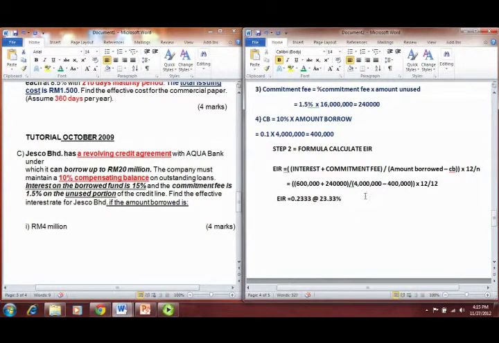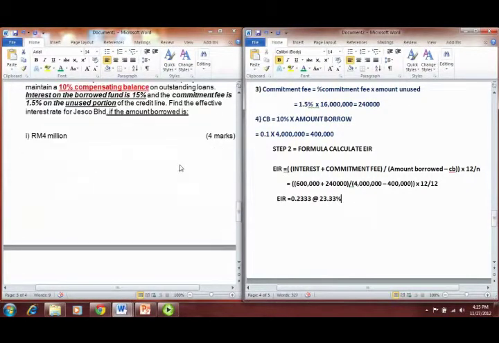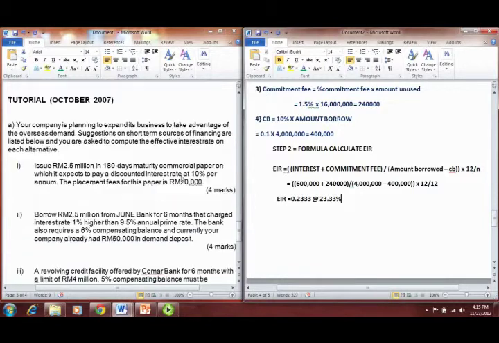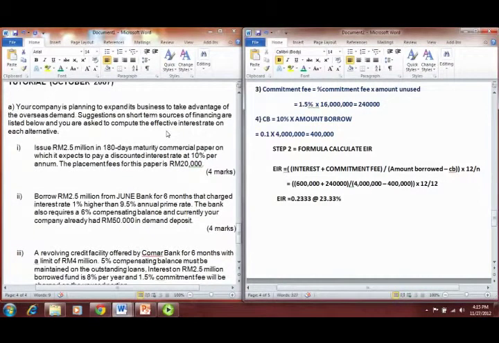So class, the important thing here is you need to know the formula. From there you can know what type of information is needed, and then you can apply it in your step 2. Next is your tutorial, October 2007. This is the question. I want you all to give it a try before I continue in the next class. I will discuss the answer in the next tutorial session.